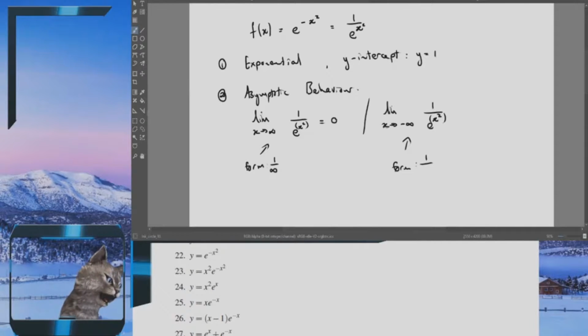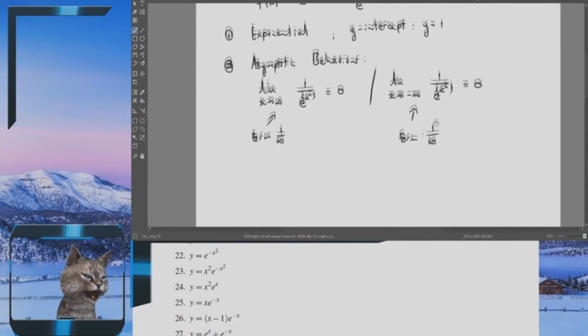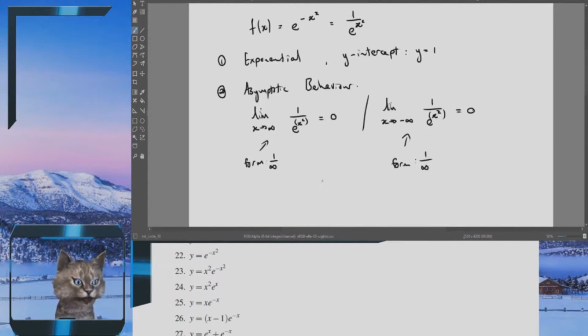As x gets big negative, x squared gets big positive. So I have e to the something, where the something gets big positive. So I have another 0. We'll write it over here. I have a horizontal asymptote on both sides, the line y equal to 0.